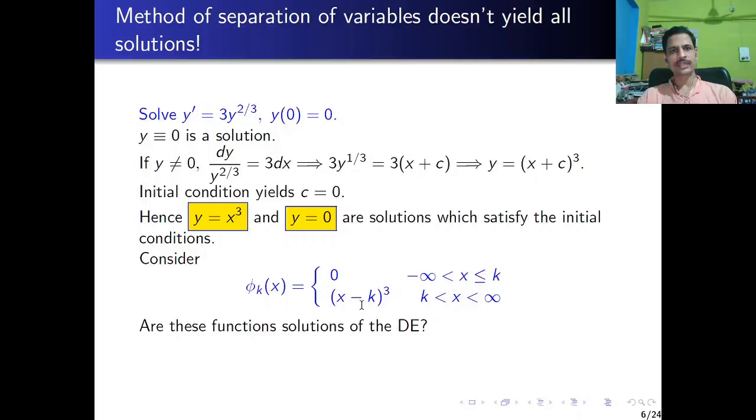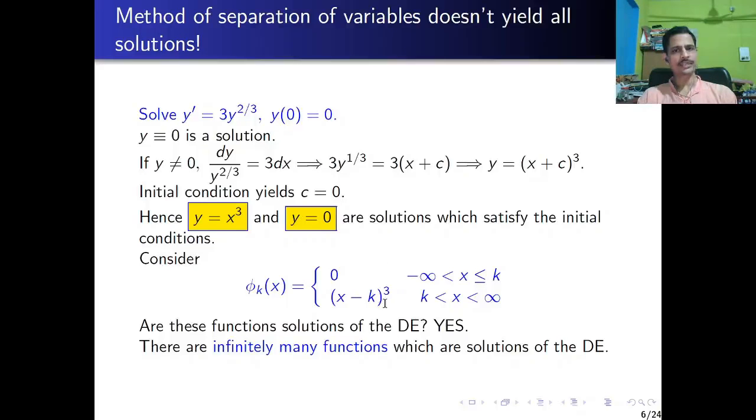So not only that y equal to 0 is a solution, y is equal to (x plus c) whole cube is a solution, but this also is a solution of the differential equation. And if you want this to satisfy the initial condition, then you just have to assume that k is greater than 0. Then all the solutions will also satisfy the initial condition.